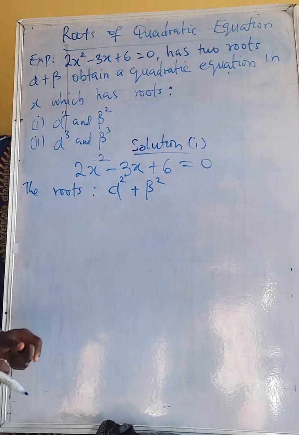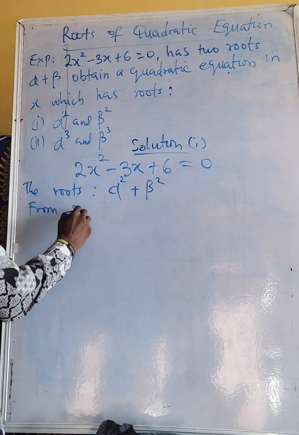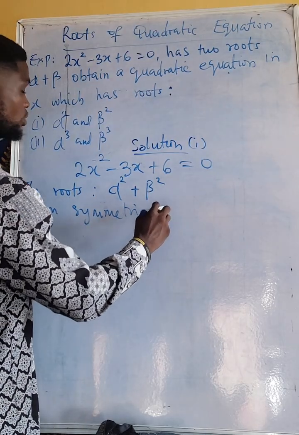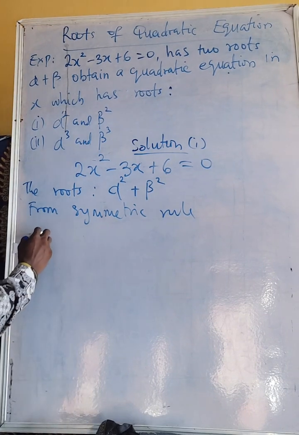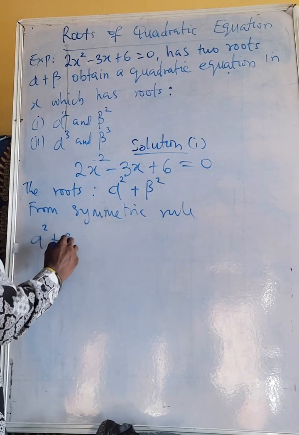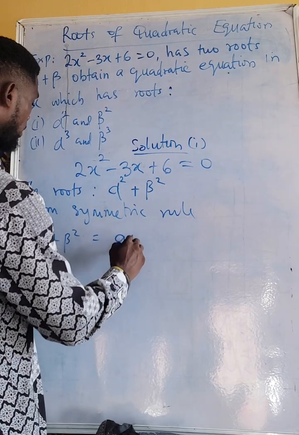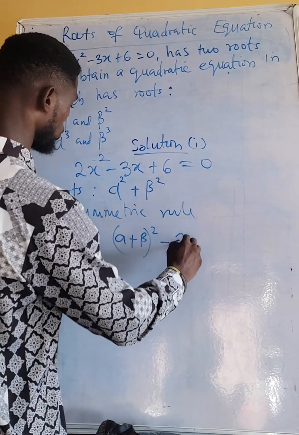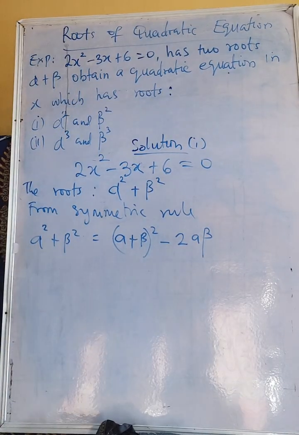So from the symmetric rule, alpha square plus beta square will be equal to alpha plus beta all square minus 2 alpha beta.